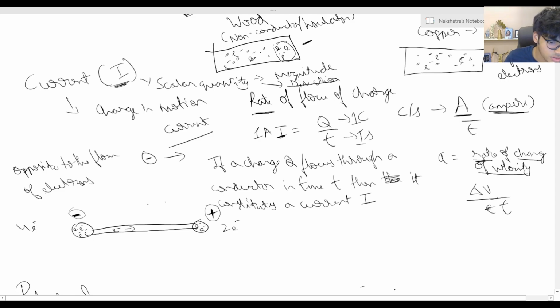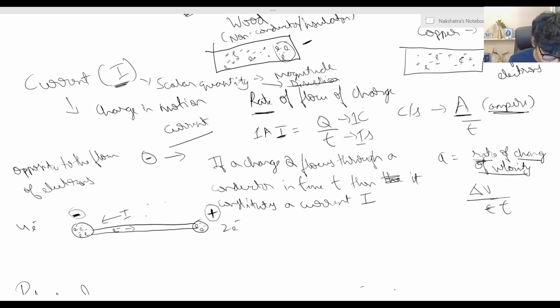So electrons will start moving towards the more positive charge. But now we say that current, which is I, moves in the opposite direction. So if electrons are flowing in this direction, then current will flow in the opposite direction. And even if we switch it, if the electrons are moving towards the left, we'll say that the current moves towards the right. That is the direction of current, and it is a scalar quantity because this is always how the direction is, right?